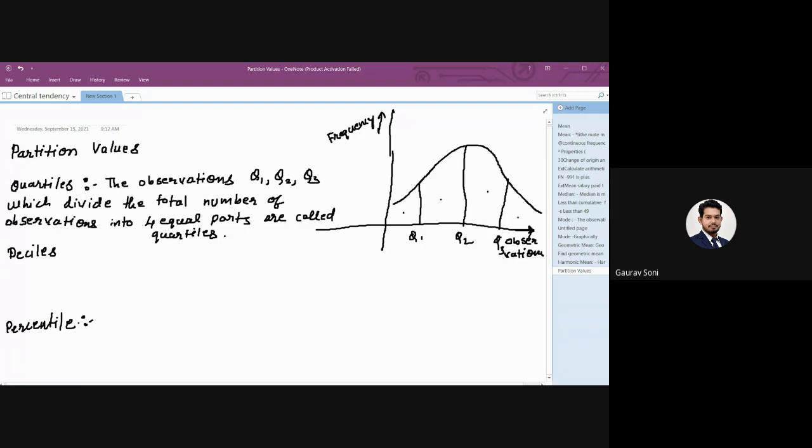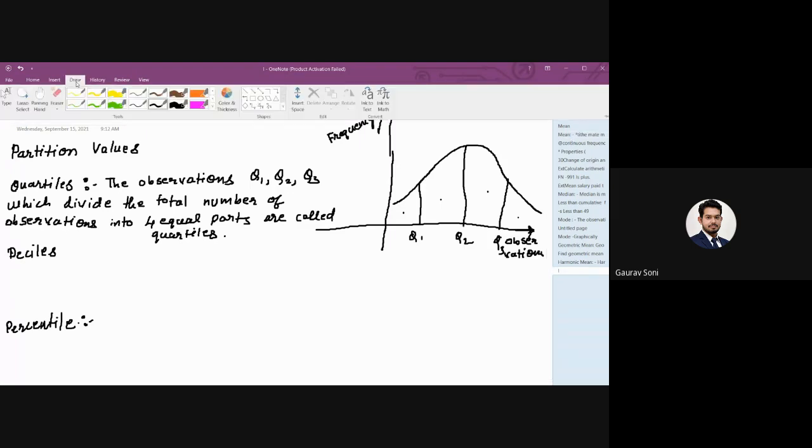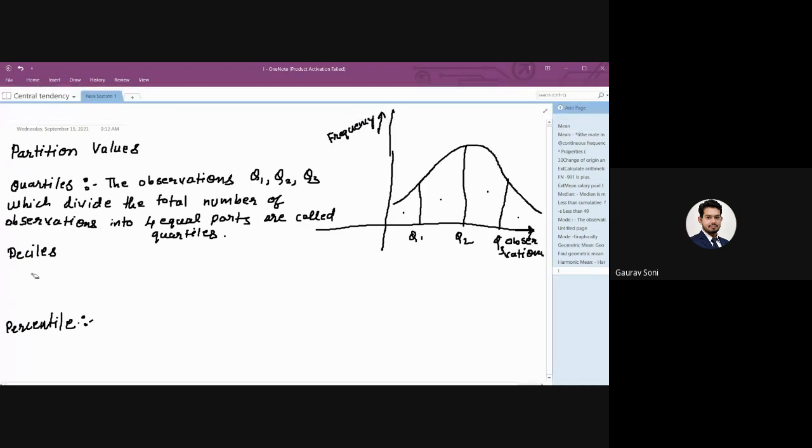Okay. So by first quartile, I mean the first point, by second quartile, the second point, and by third quartile, the third point. I'll give you the formula also to find out the quartiles.